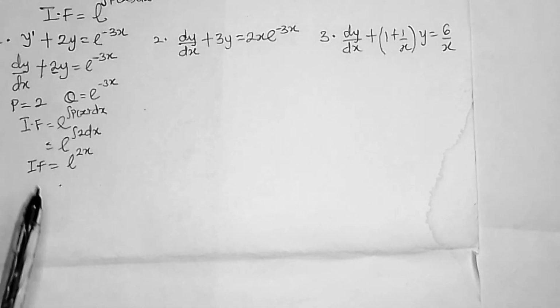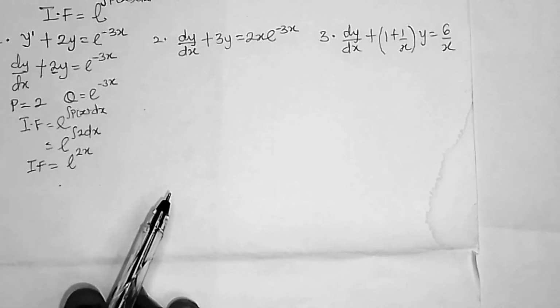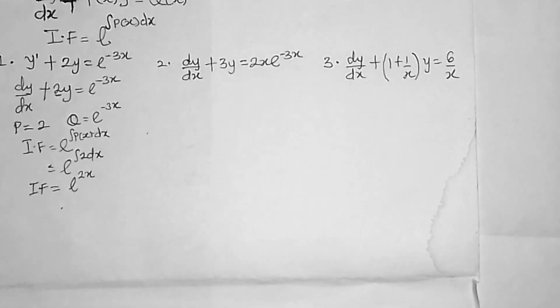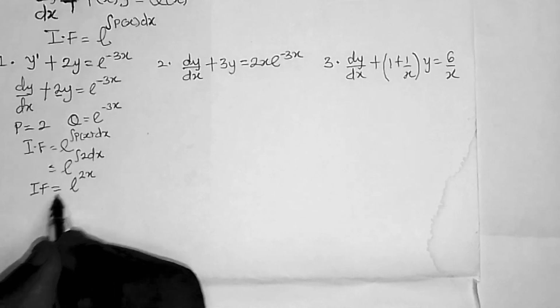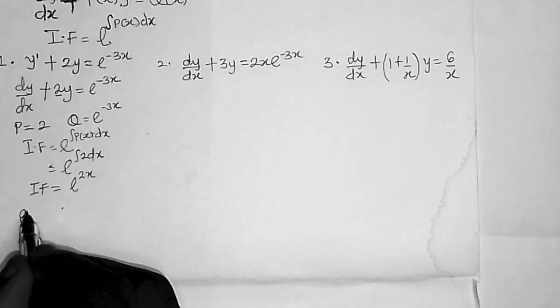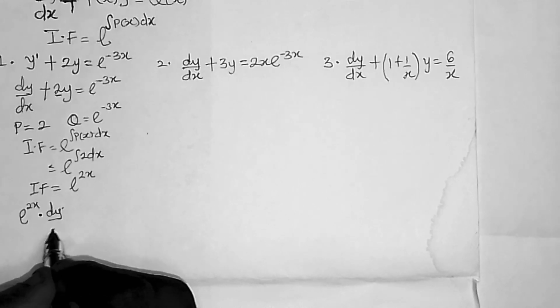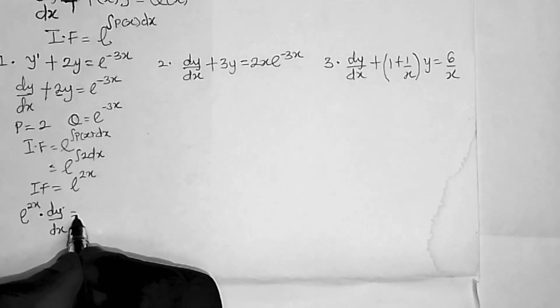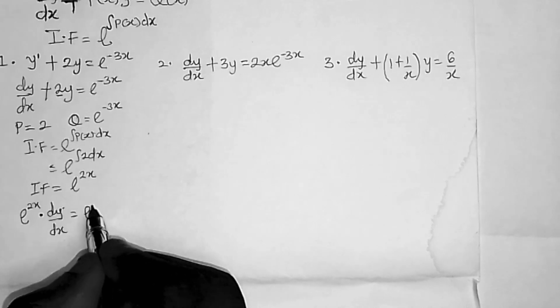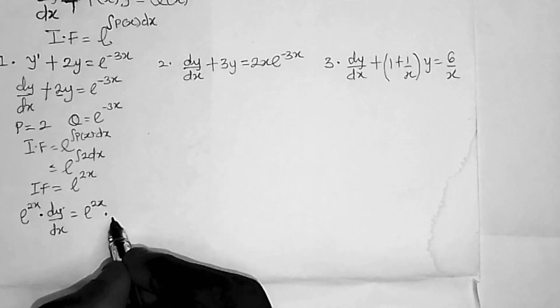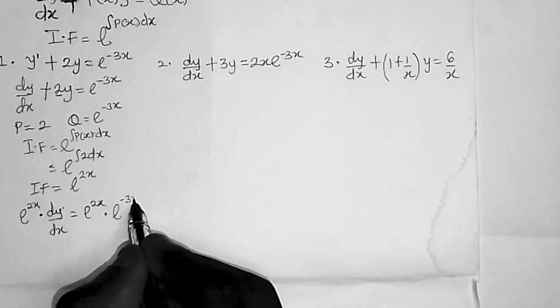Now you will use your integrating factor to multiply your dy/dx and to multiply your q. So you are going to have your integrating factor, exponential 2x, multiplied by dy/dx, then equal to your integrating factor exponential 2x multiplied by your q of x, which is exponential minus 3x.